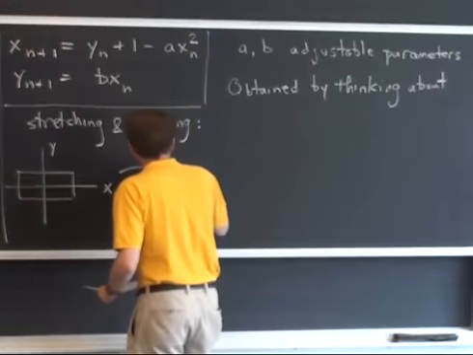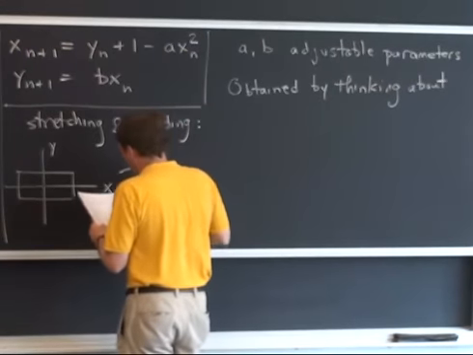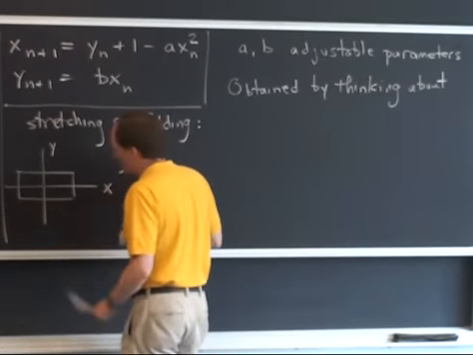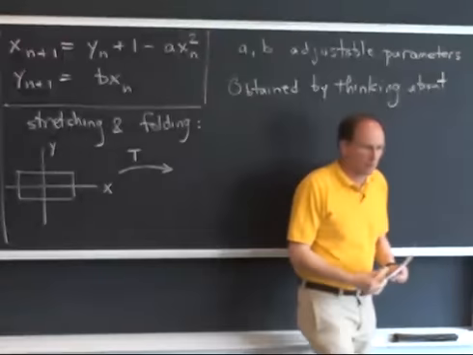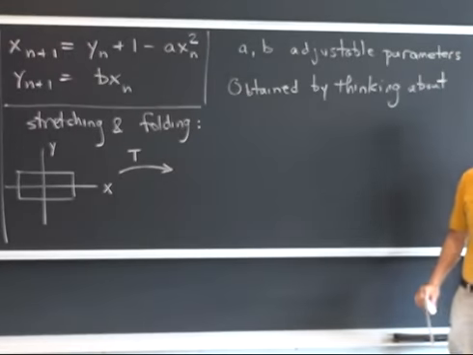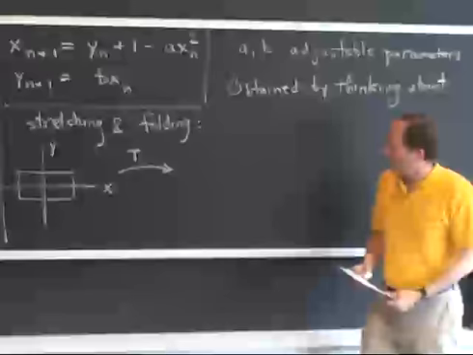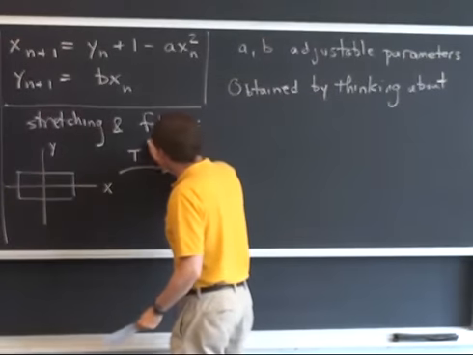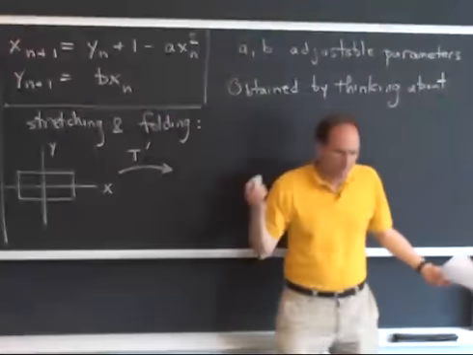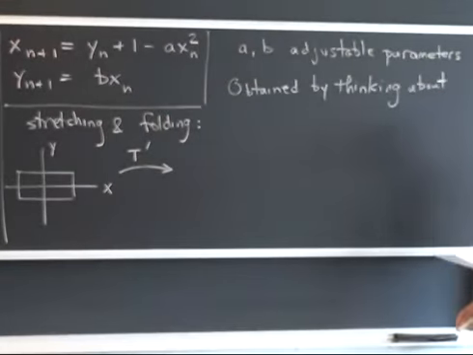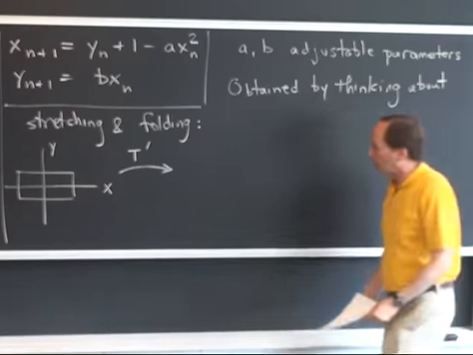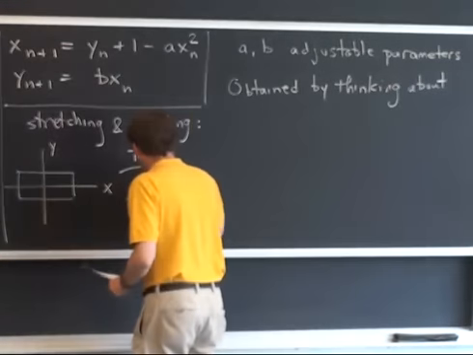And then we're going to stretch it and fold it in the first step. So I'll have a sequence of transformations here, which I'm going to compose to get the ultimate transformation, that is the Hénon map. But let's label them with prime. Prime doesn't mean derivative, it just means this is the first one, T prime. So this is going to execute a stretch and fold.